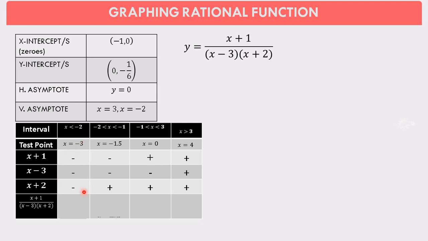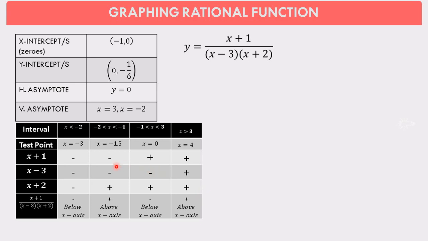Then multiply the signs. Negative times negative is positive, times negative, negative. Negative times negative is positive, times positive, positive. Positive times negative, negative. Negative times positive, negative. And lastly, three positives, positive.